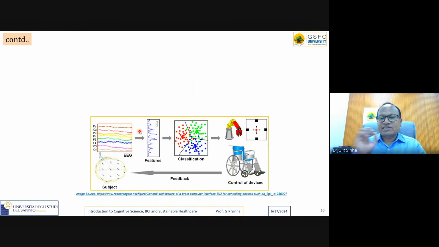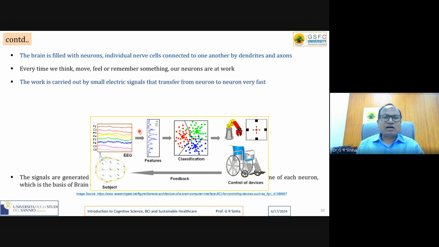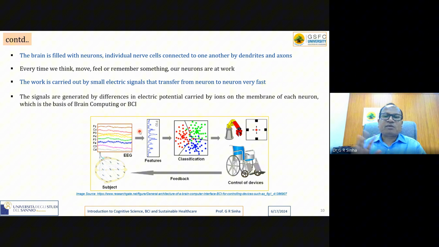You can see one interesting picture here, and this is an example of EEG. By this time, I have not explained about the EEG, but I believe that you know about it. EEG is electroencephalograph, like ECG.